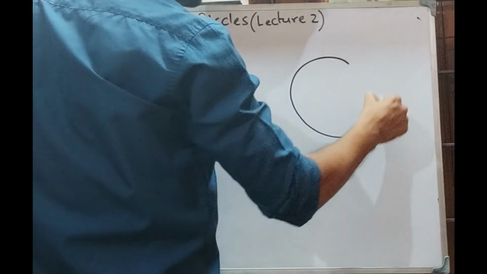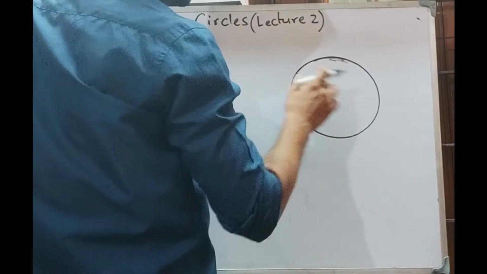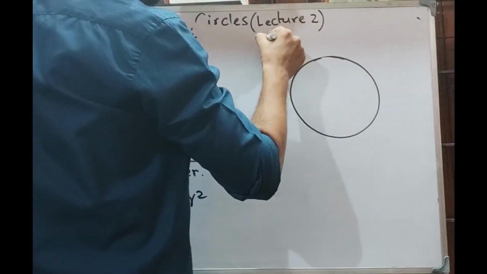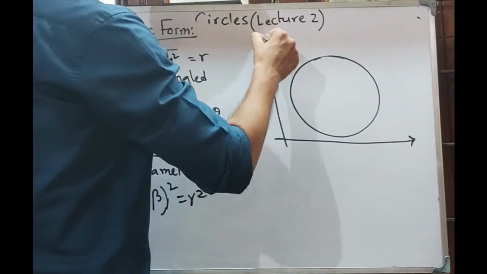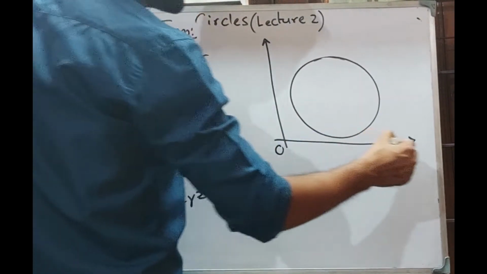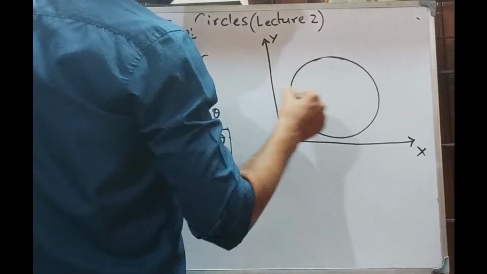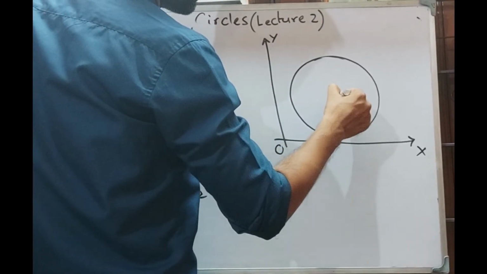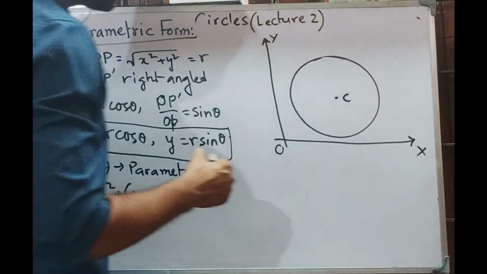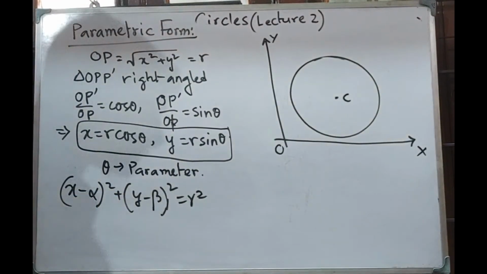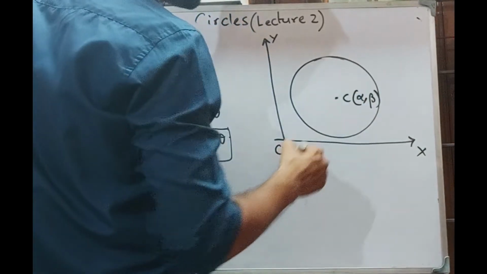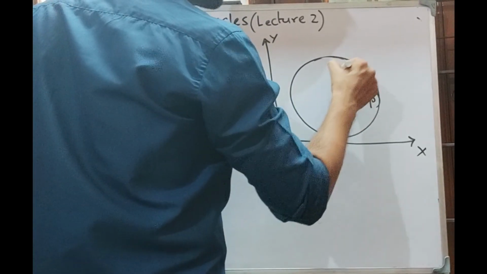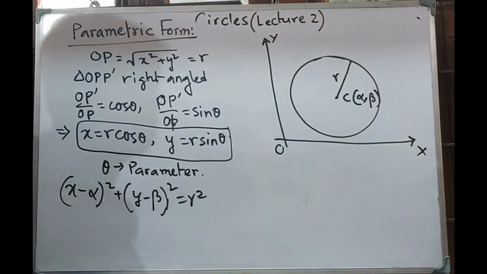Say this is the circle, and I am taking the axis here. So the circle is not centered at the origin. It is centered somewhere here at some arbitrary point C. And from the equation we can see that obviously the center is (alpha, beta). And the radius also is given as r.